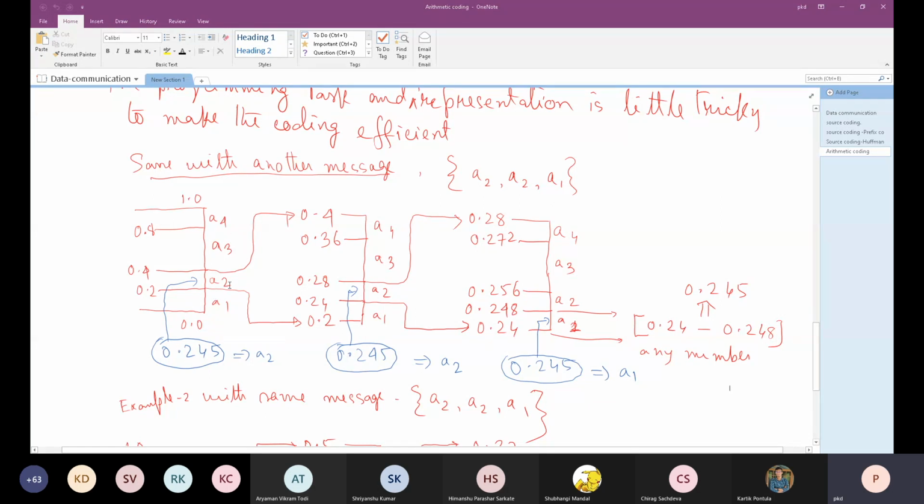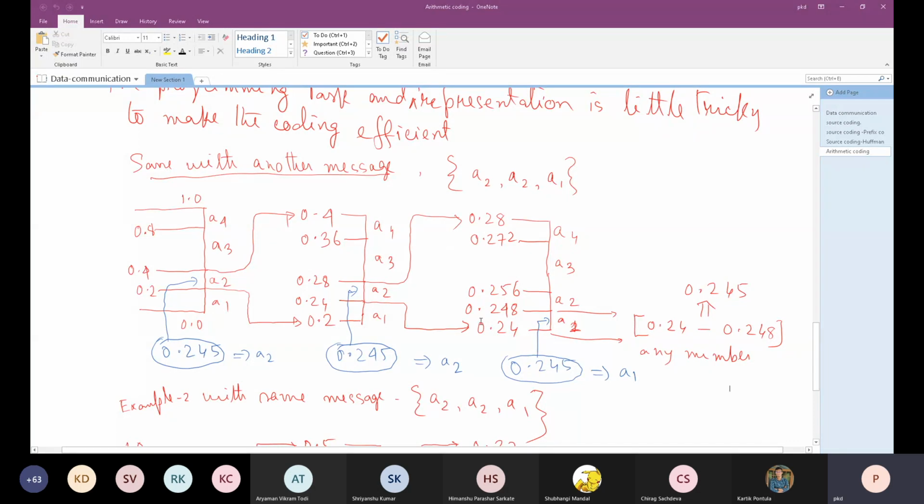Because the first symbol is A2, the interval A2 is expanded, 0.2 to 0.4, and in the same ratio it is expanded. So 0.2, 0.24, 0.28, 0.36, 0.2, 0.4. Again we have A2, so A2 is expanded.